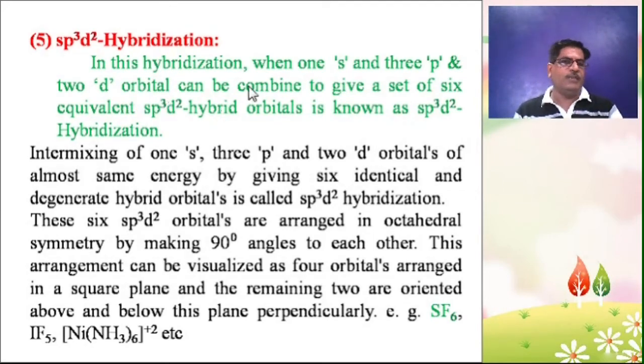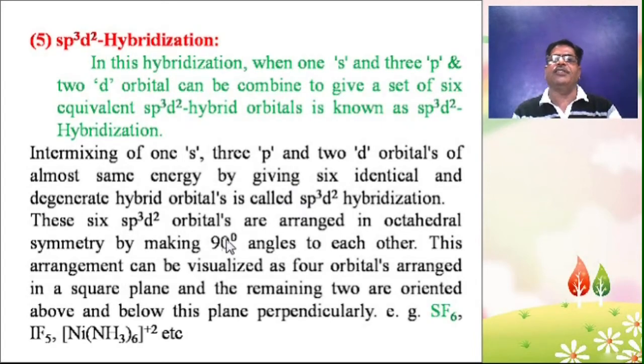So what is sp3d2 hybridization? In this hybridization, 1s, 3p and 2d orbitals combine to give a set of 6 equivalent sp3d2 hybrid orbitals. Intermixing of 1s, 3p and 2d orbitals of almost the same energy, giving 6 identical and degenerate hybrid orbitals, is called sp3d2 hybridization.